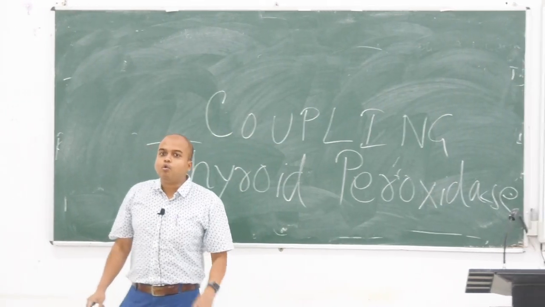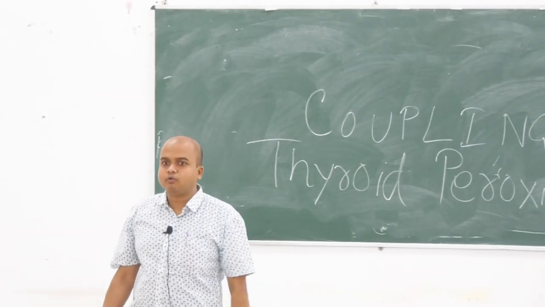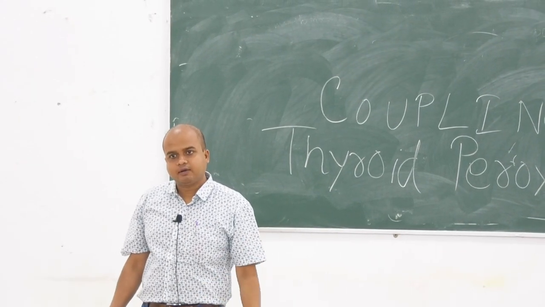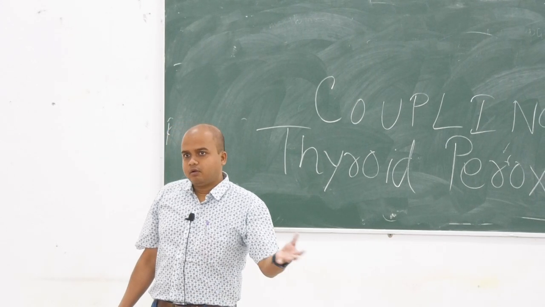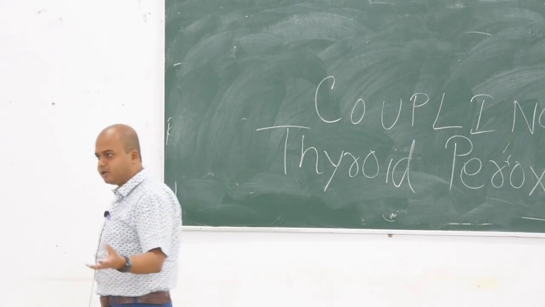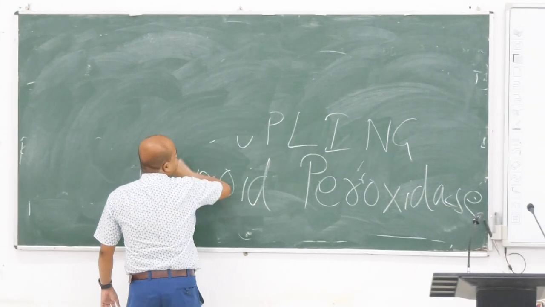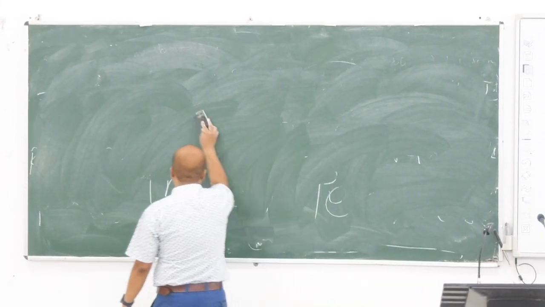Right? Now, what is the fate of the iodine required for this thyroid hormone synthesis? So whatever T4 is secreted into the blood, okay? Some amount of T3 is also secreted, most of it is T4. What is the circulating level of T4 and T3?